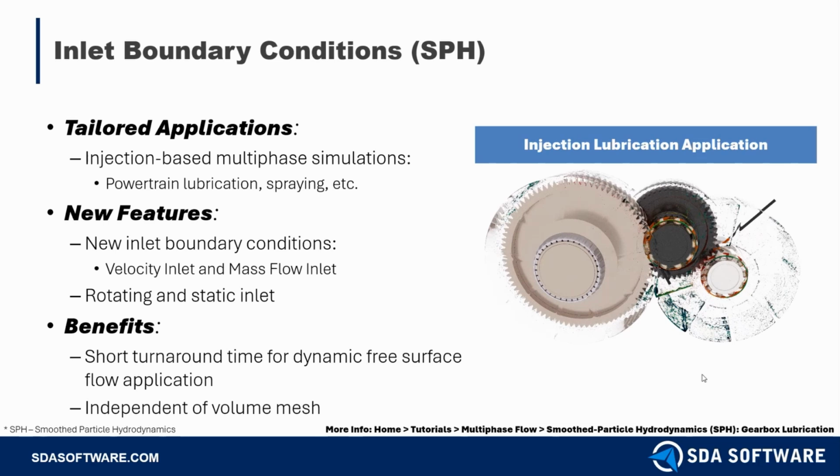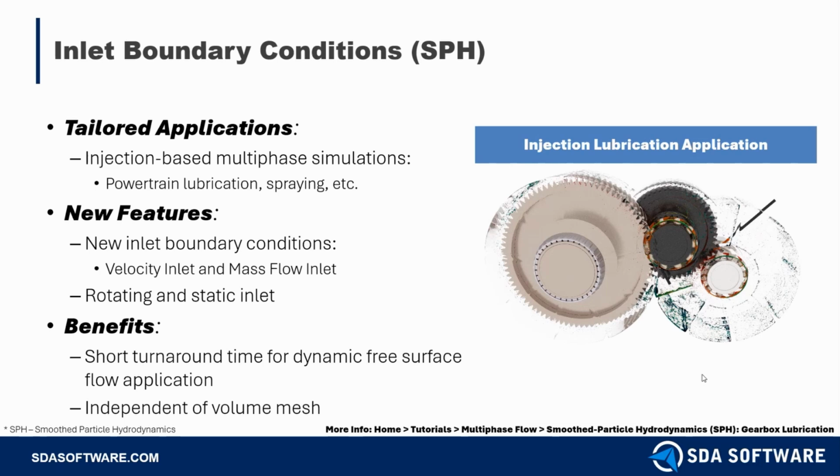The new boundary condition enables injection-based multi-phase simulation like powertrain lubrication and spraying. Users can now assign a velocity or a mass flow inlet to boundaries to account for the effect of an injector, for example. And rotating and static inlets are also available, so applications like e-motor cooling are achievable with the SPH workflow.